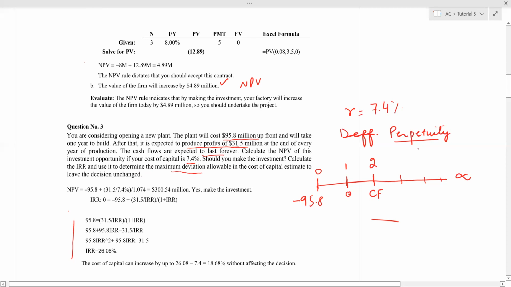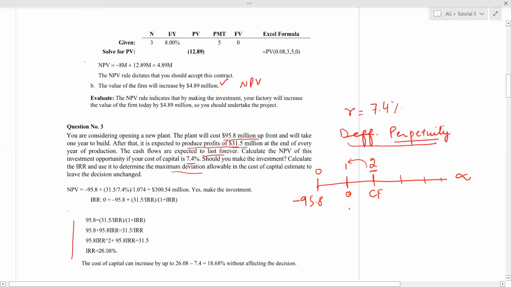As you can see, there is no cash flow in year zero, so the formula will be the present value of a deferred perpetuity. Because the cash flows start from year 2, our answer will be at year 1, not at year 0.